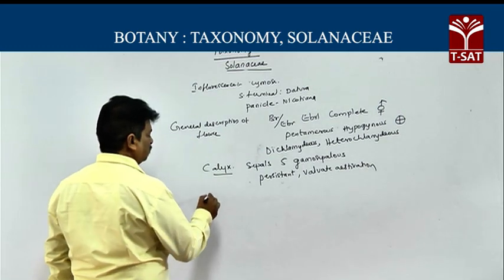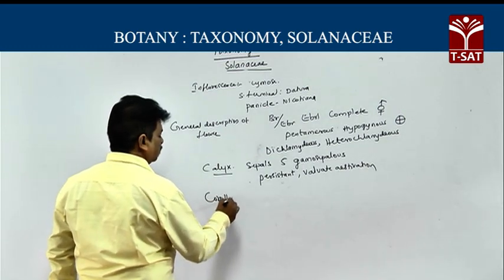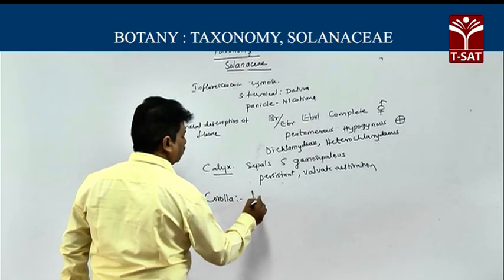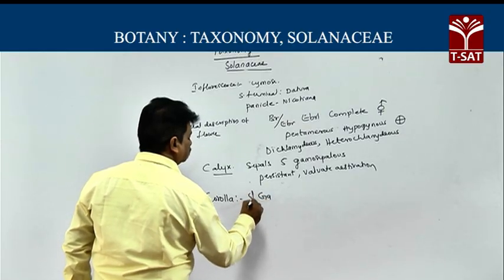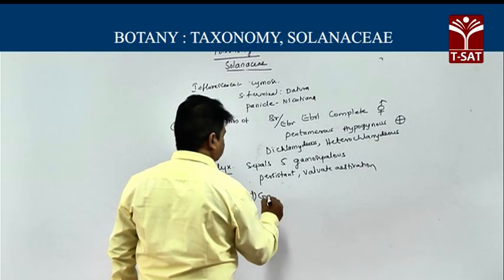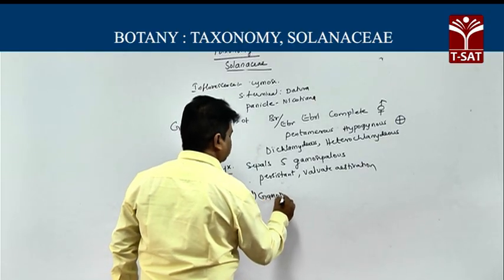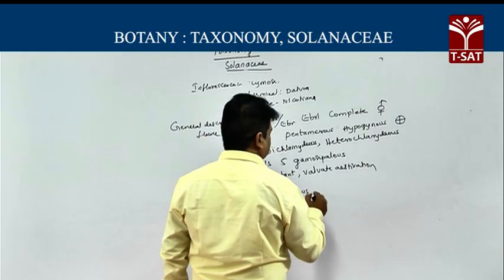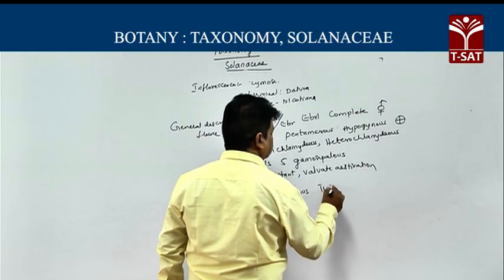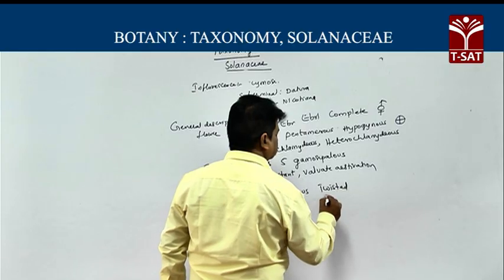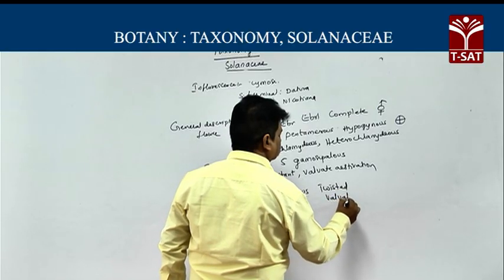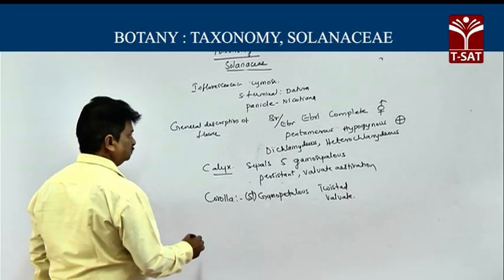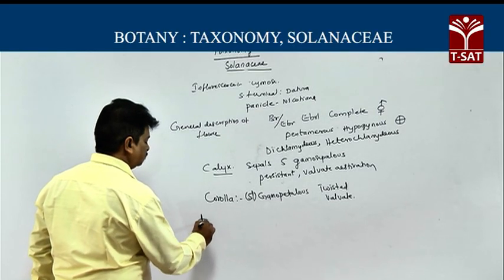The next one, corolla. Corolla includes petals. Petals 5, gamopetalous. Aestivation twisted or valvate.